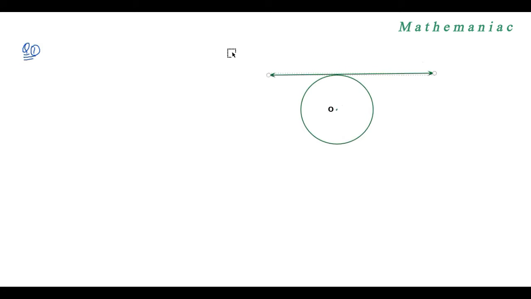This is one tangent. Okay, so now the other tangent is here. I may be changing the point of contact here. This is the other one.